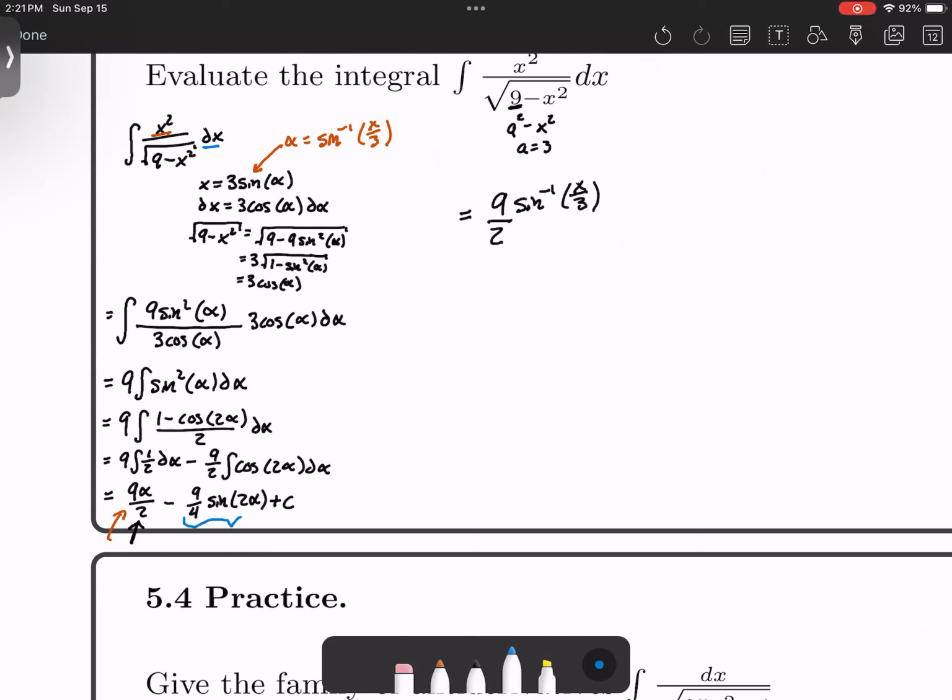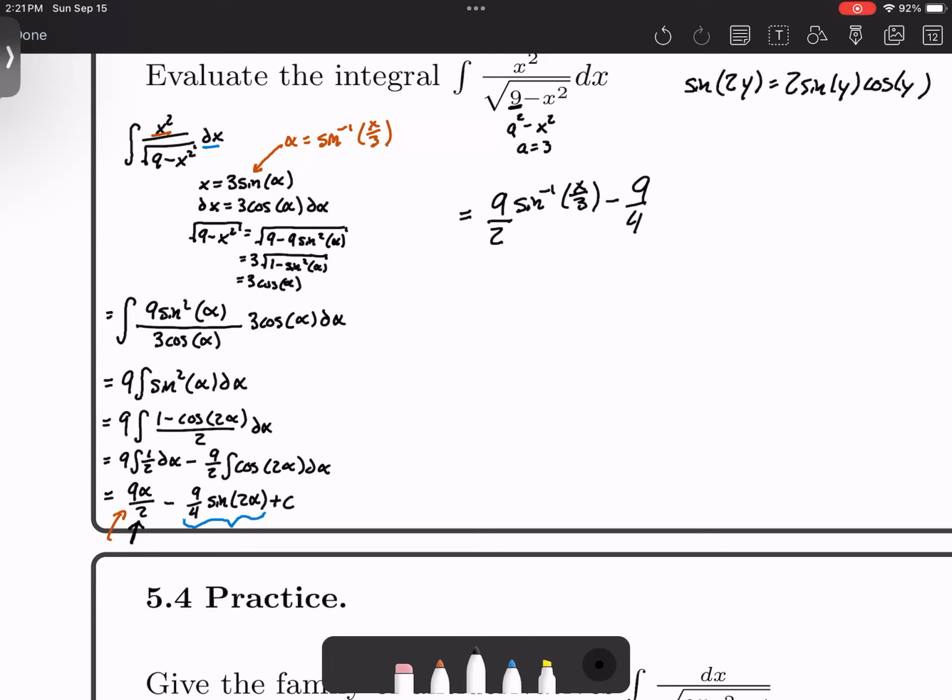And now let's zero in on this 9/4 sine of 2 alpha. So I've got minus 9/4. And we can replace sine of 2 alpha with the relationship that sine of 2y is equal to 2 sine y cosine y.